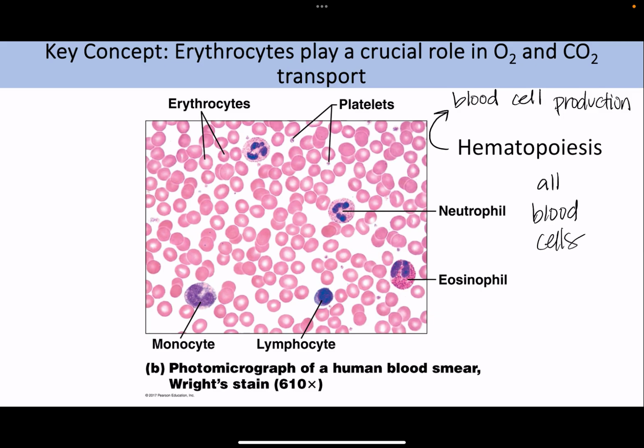This includes our erythrocytes, all our different types of leukocytes, and then that megakaryocyte that makes the platelets. Those are all going to be triggered to be produced by hematopoiesis. And then we'll talk specifically about red blood cell production and specifically about white blood cell production. But hematopoiesis is a general term for making all of our blood cells.